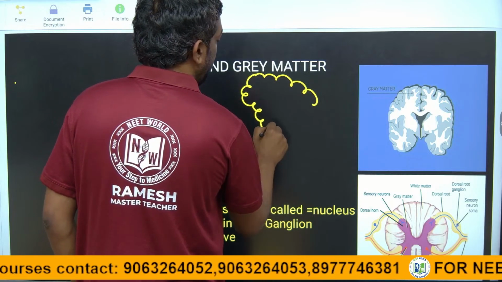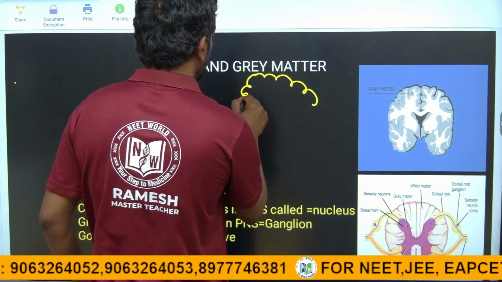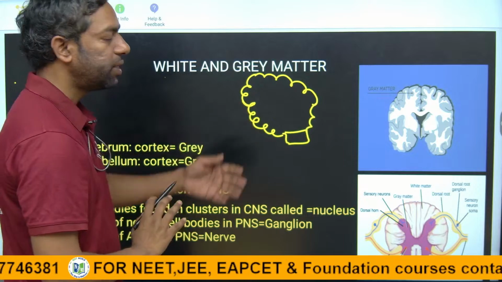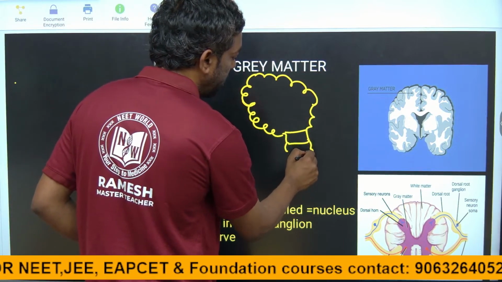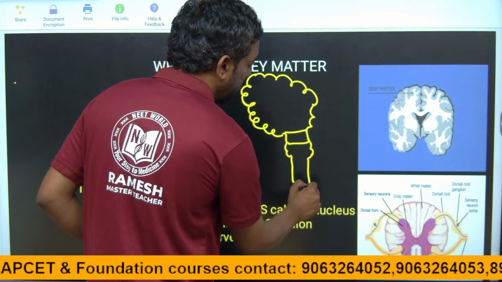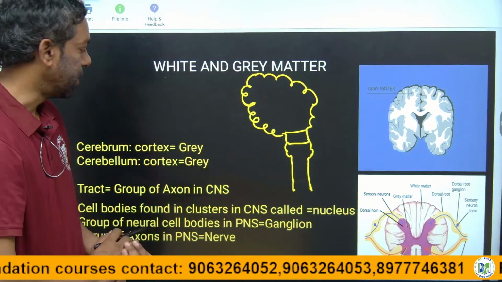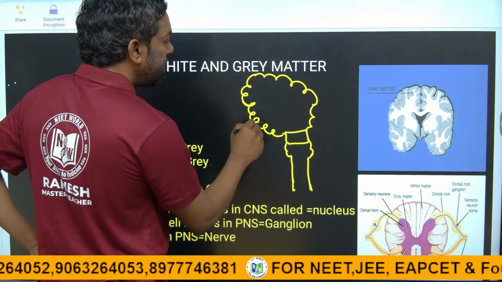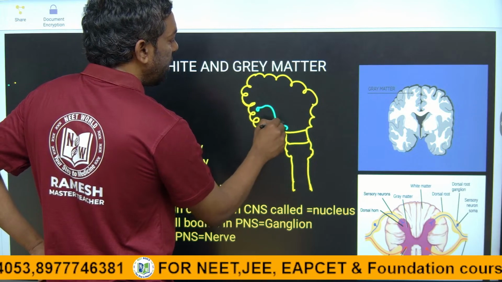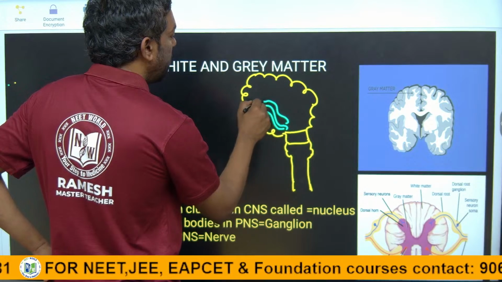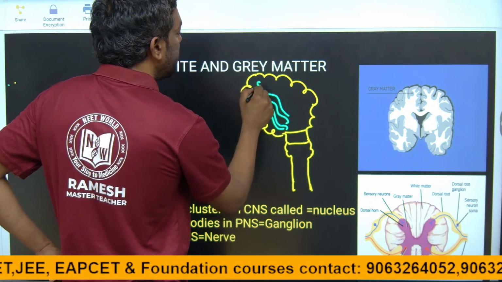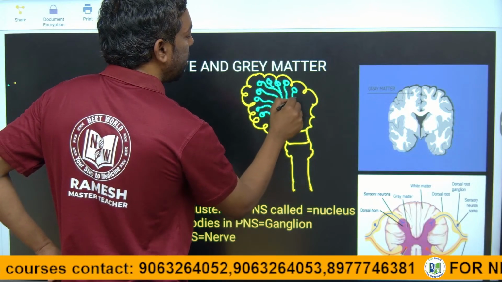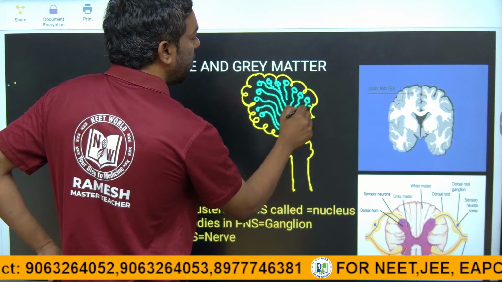Guys, this is the brain. This is the midbrain, this is the hindbrain, and finally the spinal cord. In a neuron, there is a nucleus in the cell body, and there is an axon. Cell bodies are in the cortex region of the brain, and axons are located in the medulla region.